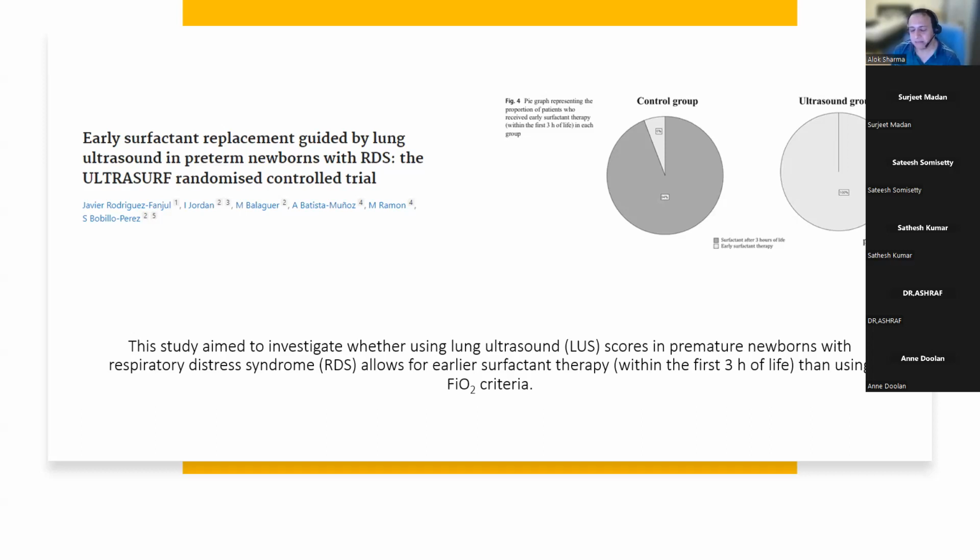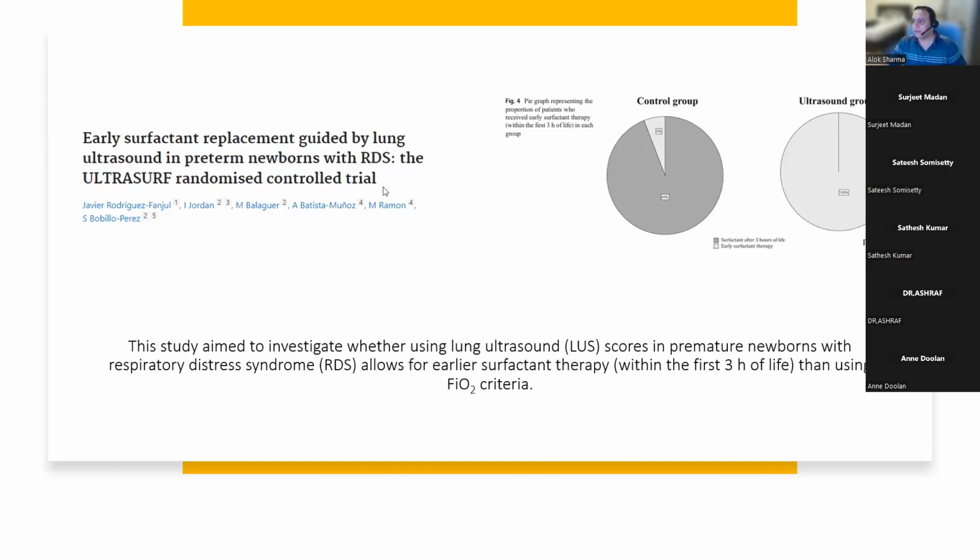There is work done by the Chinese group by Pang, which has demonstrated that a lot of these babies have significant subpleural consolidations visible in the posterior regions that are missed anterolaterally. In particular, Pang's group, the article is in your library, as well as Rodriguez Fanjul, have used posterior regions to quantify lung ultrasound scores, but using a slightly different scoring system.